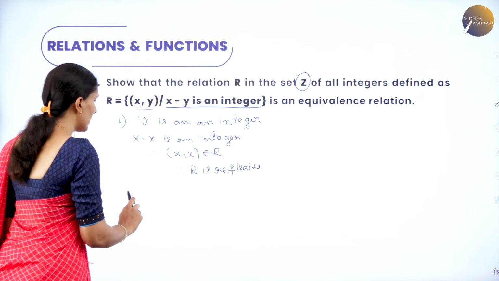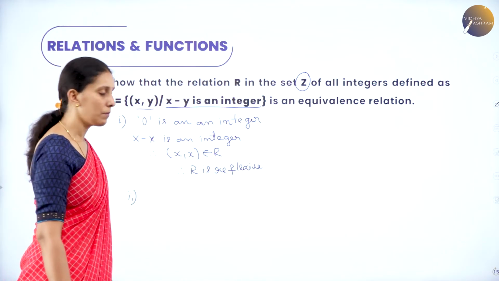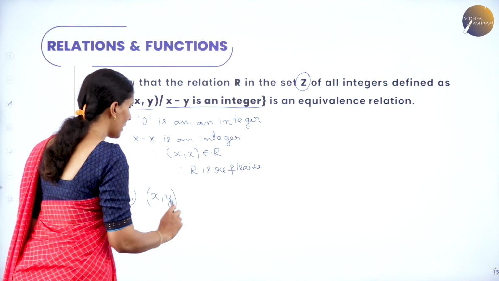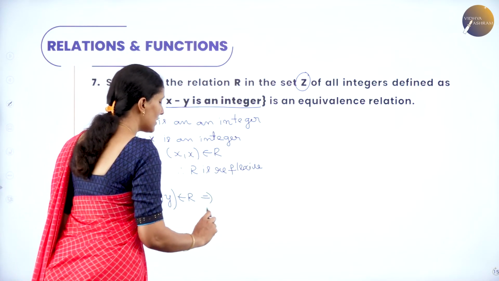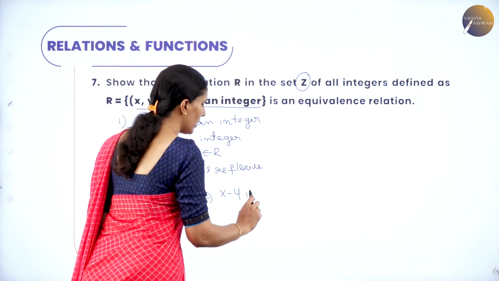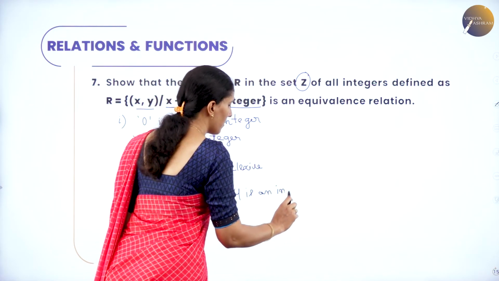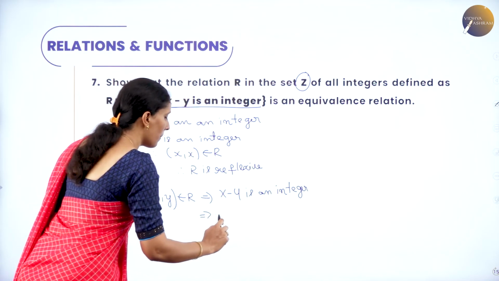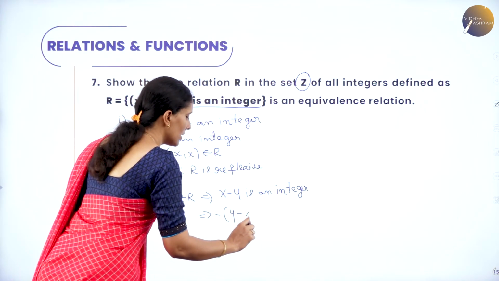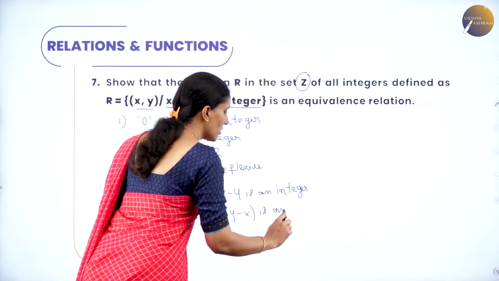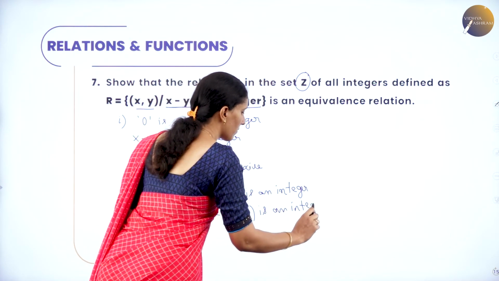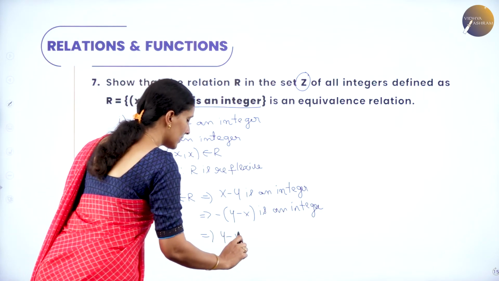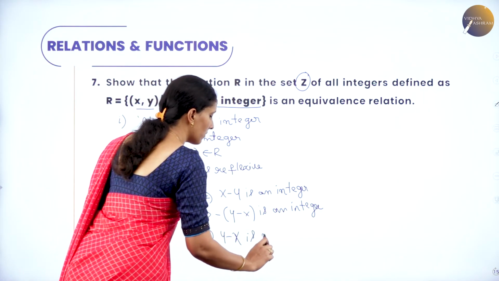Now let's prove the second property, that is symmetric relation. If (x, y) belongs to R, this implies x minus y is an integer. So now let me take the negative, y minus x. This is also an integer.